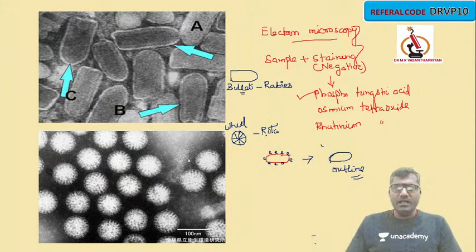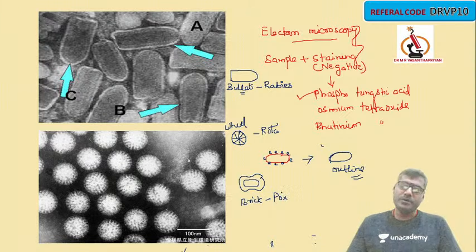Now the third virus is demonstrated like a brick, called brick shaped; the pox virus is brick shaped.